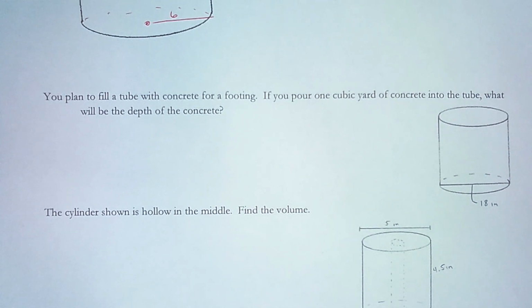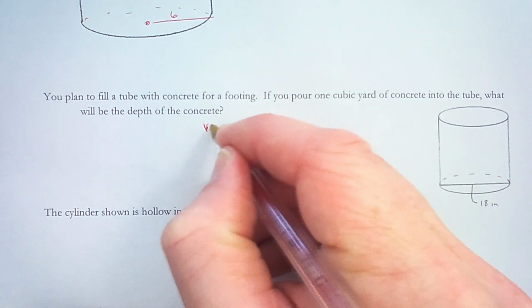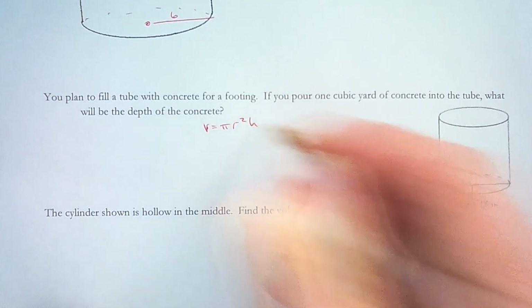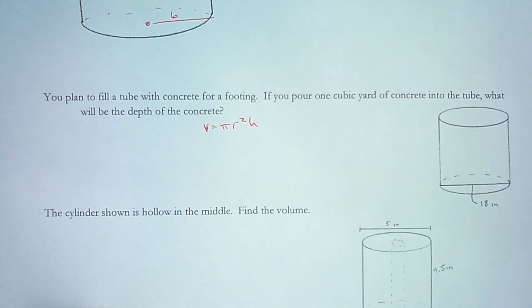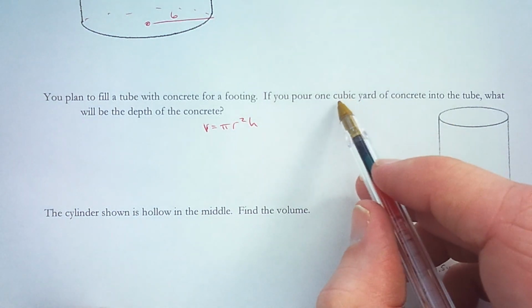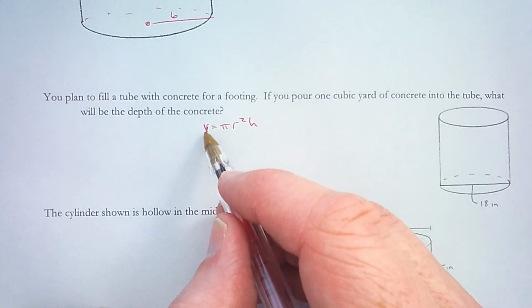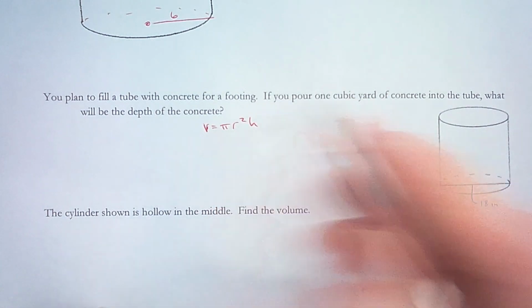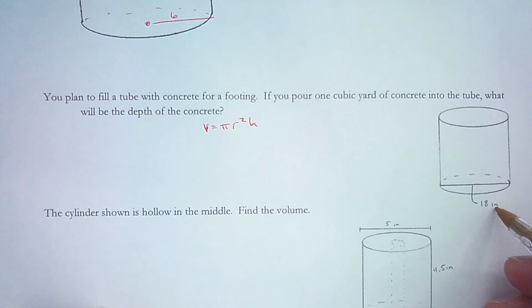In order to find the depth of the concrete, we're going to use the formula volume equals pi r squared h, and we are given that the volume, V, is 1 cubic yard. Unfortunately, the diameter here is in inches.